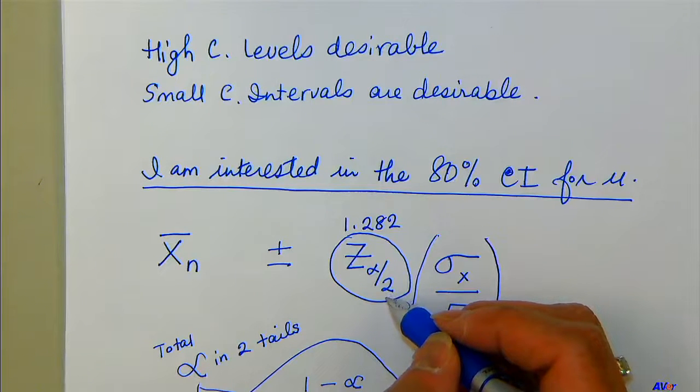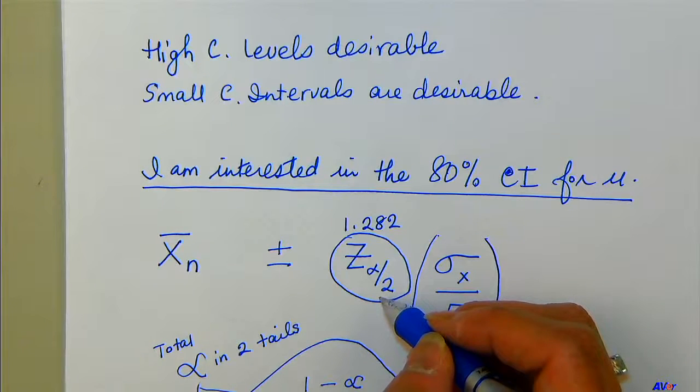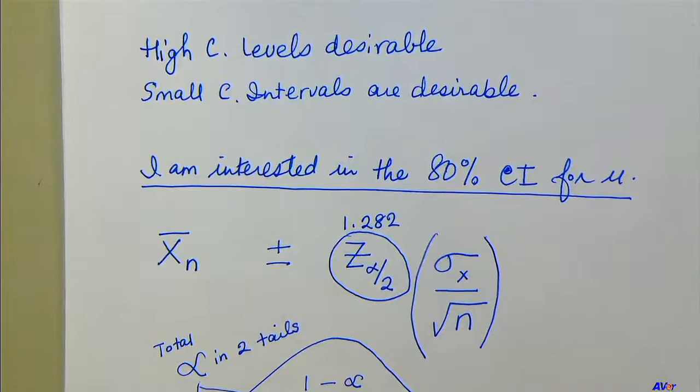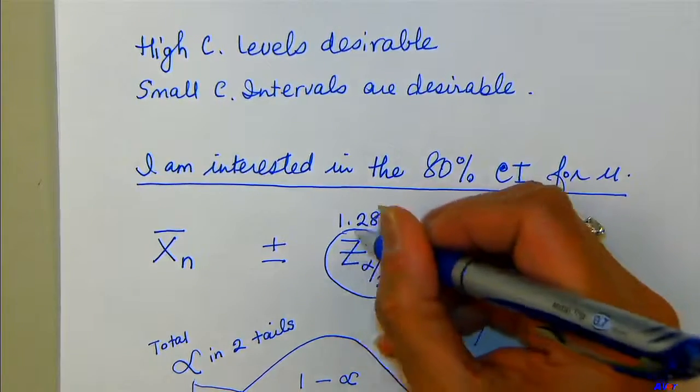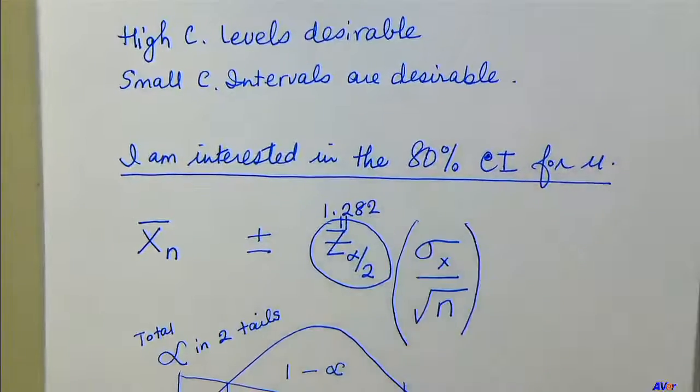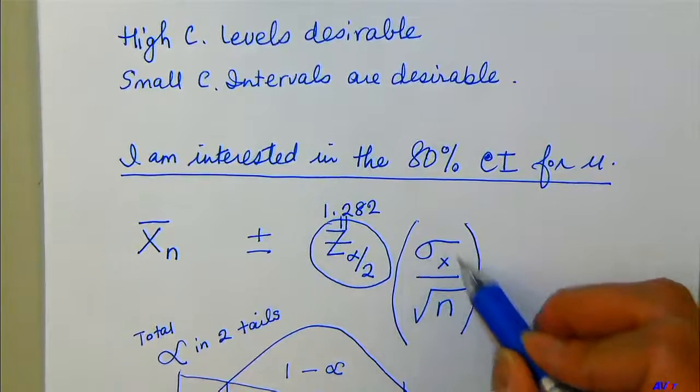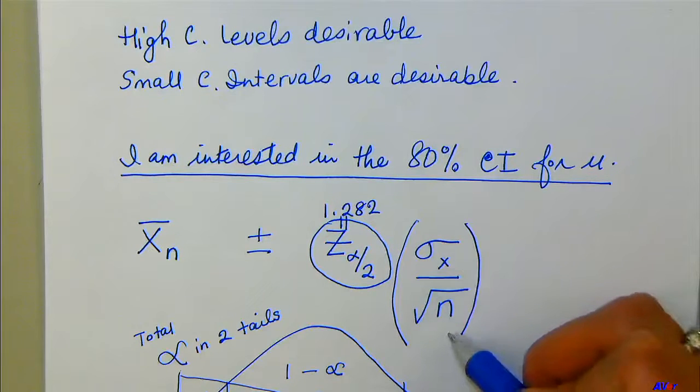Just embrace it, because you're going to be dealing with alphas from now until the end of the semester. So this subscript is the area to the right, in the right tail. So that happens to be 10%. So this Z alpha over 2 is 1.282. Sigma will be given to you in your problem. N will be given to you in your problem.